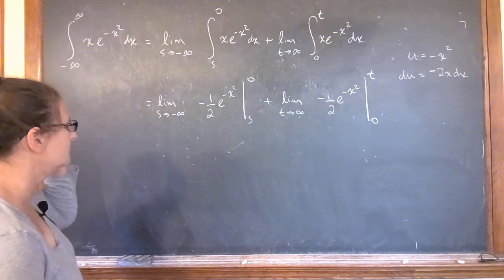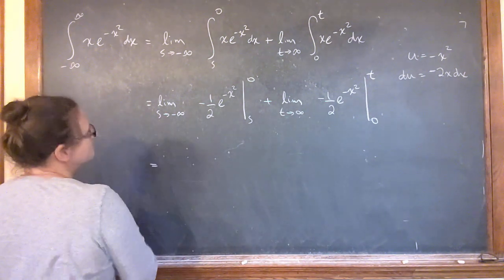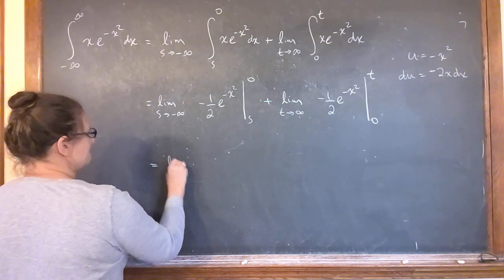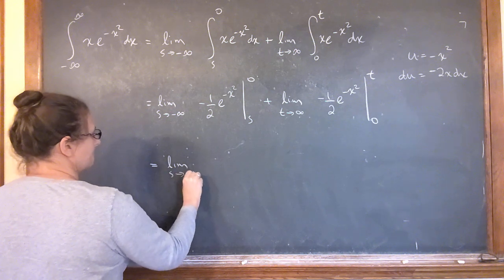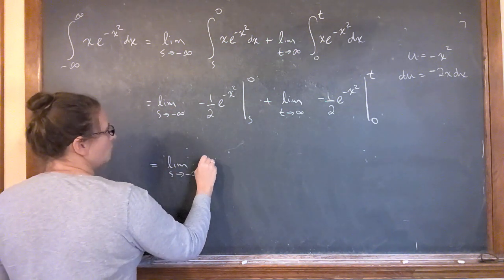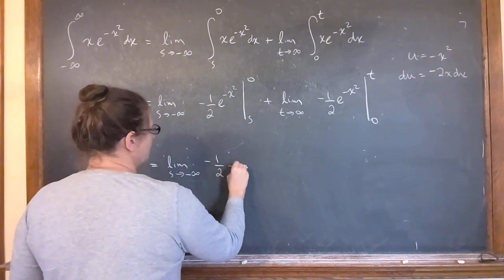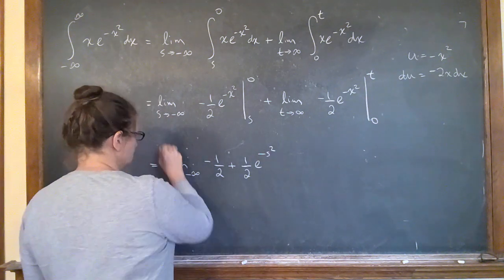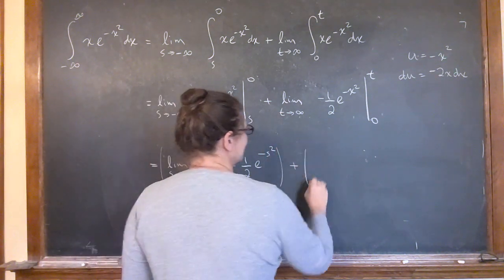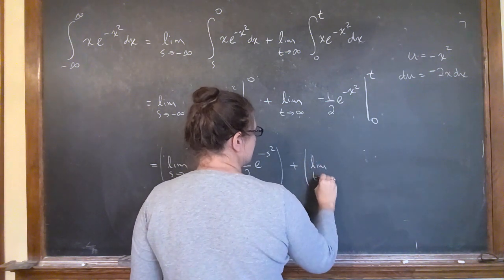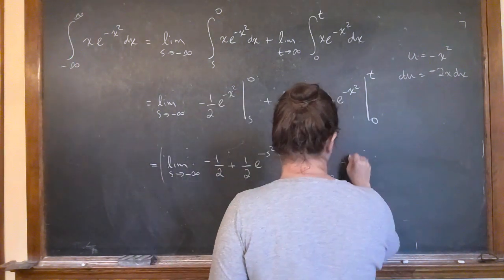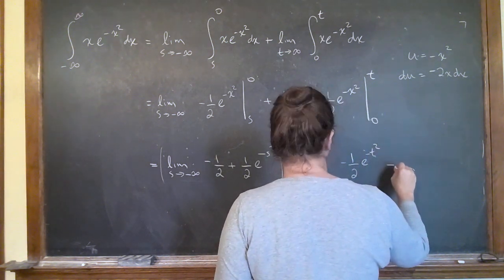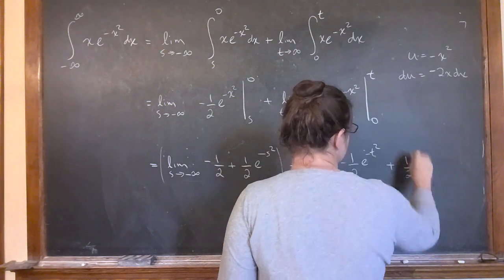Okay, so now what do I get? I get minus 1/2 e to the 0, which is 1, plus 1/2 e to the minus s squared. So there's that limit. And then my second one is going to be minus 1/2 e to the minus t squared plus 1/2.